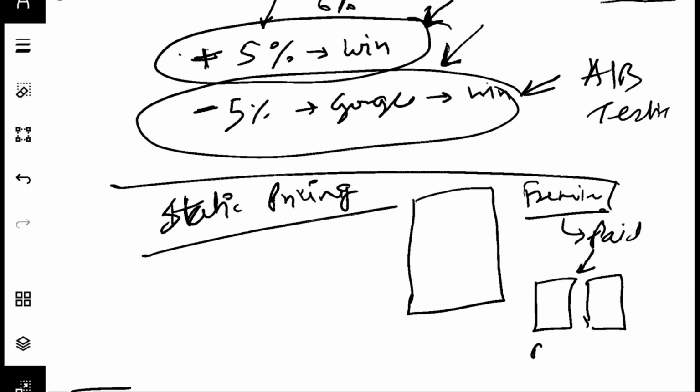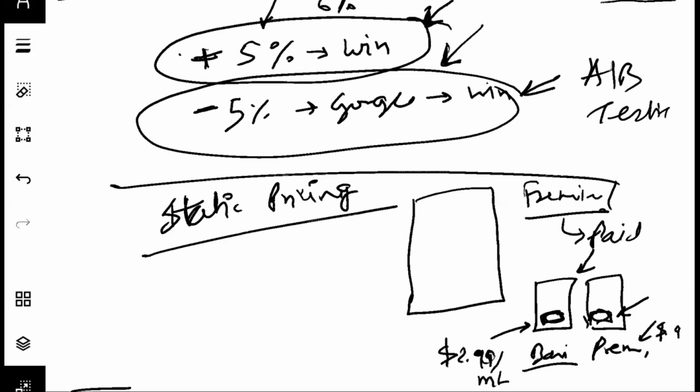You have the basic and advanced premium, right? The pricing for this you would decide one time, by testing, A/B testing, and so on and so forth, that people are ready to pay $2.99 per month for the basic feature, whereas for premium they're ready to pay $5.99 or $9.99, right?